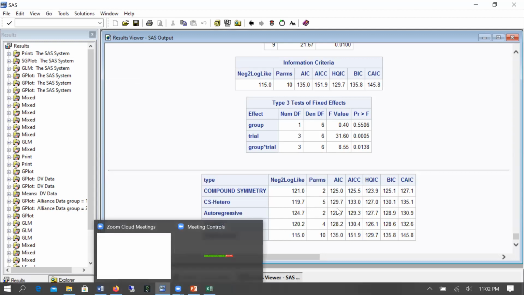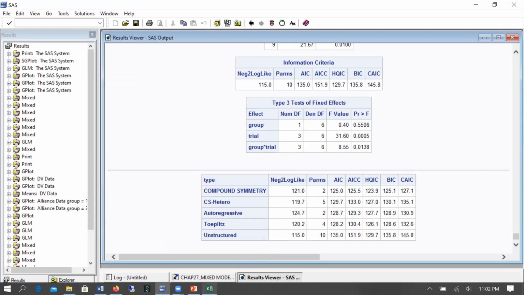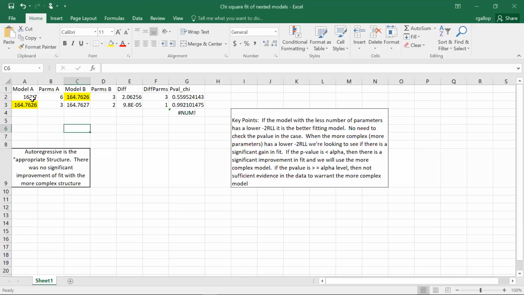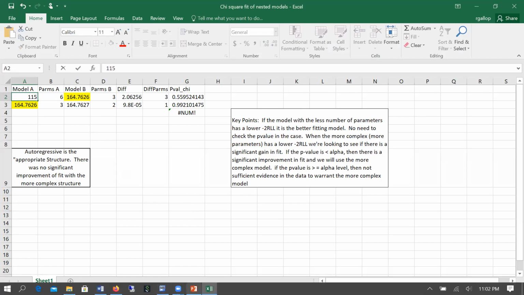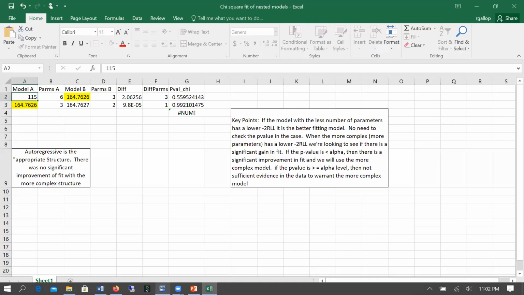In this case, I'm going to start with the most complex, unstructured, which is 115. With the unstructured, we saw that required 10 parameters. And then I'll go to the next one.